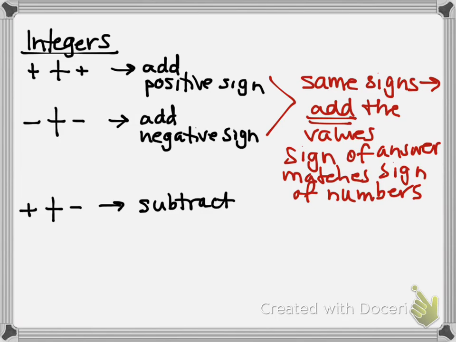The question then becomes, can I just say outright looking at that, bam, I know the answer is going to be positive, or bam, I know it's going to be negative? And the answer is no. It takes a little bit more thinking. Now, the same scenario happens if I have a negative plus a positive. I'm going to subtract. So who can remember how you put a sign on your answer when you have different signs in your addition problem?